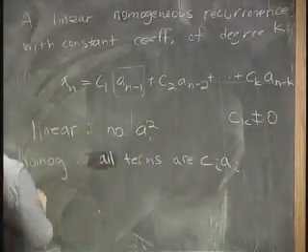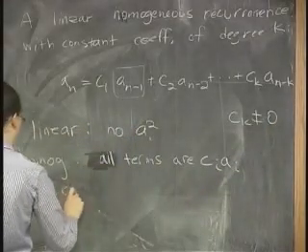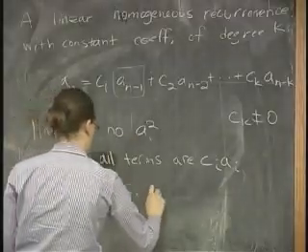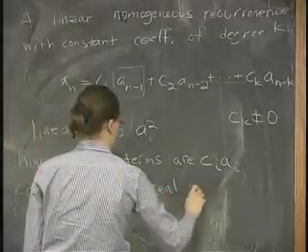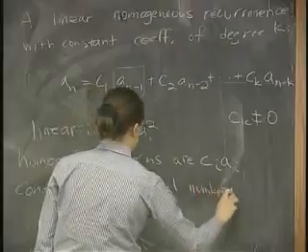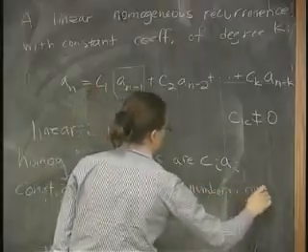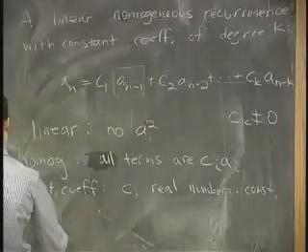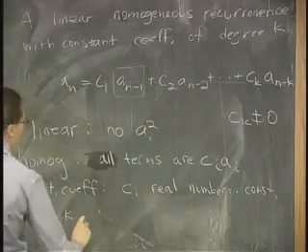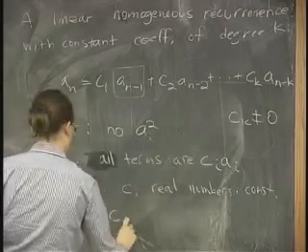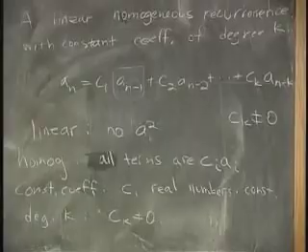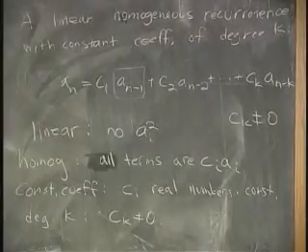Constant coefficients means that the c_i's are real numbers. They're just constants. And what else? Degree k. This means that c_k is not 0. Does this make sense? Are there any questions so far?